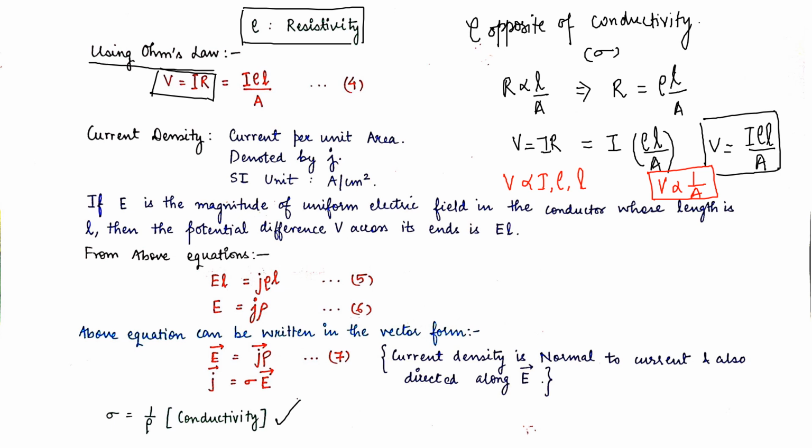Okay. Now from here we will find the current density. Current density is a new concept which needs to be learned. So this current density basically tells about current per unit area.